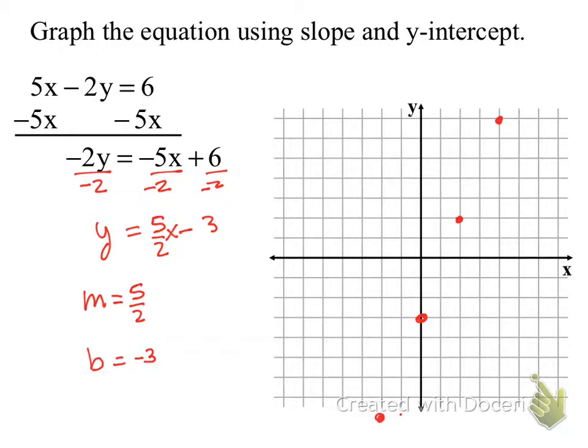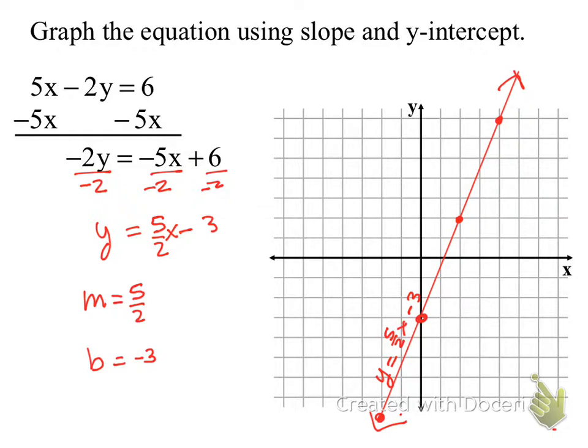And then we are drawing the line and labeling our 2 points. Questions? One thing you can do is just write the equation on the line: y equals 5 over 2 x minus 3. You could have written it in standard form.